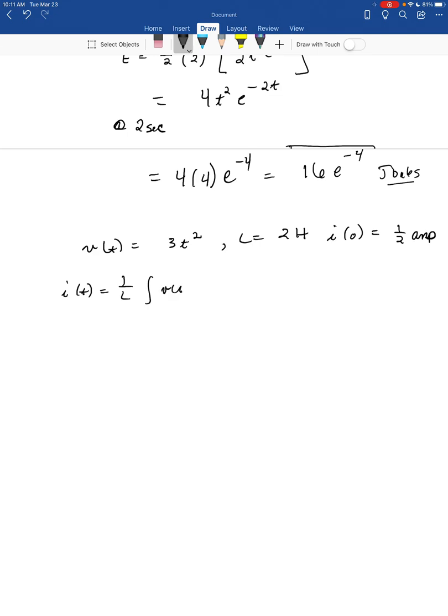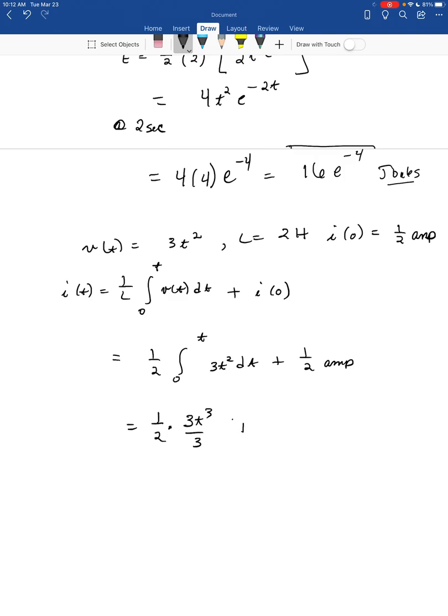Okay, so now we have 1 over L integral of V of t dt from 0 to t plus i of 0. So plugging in, 1/2 integral from 0 to t of 3t squared dt plus half an amp. When you do that integration, you get 3t cubed over 3, and then minus 0 for the 0 end, times 1/2, plus 1/2.